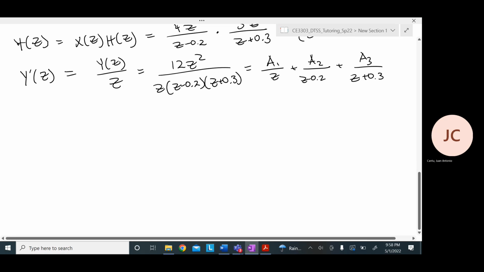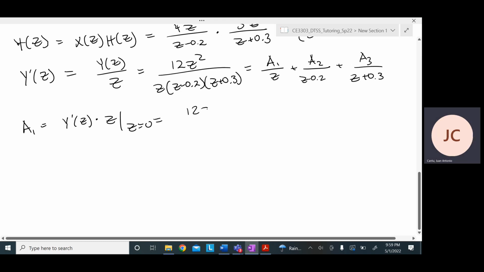Cool. So now let's find our A1. A1 is equal to Y prime of z times z evaluated at our pole. The pole in this case is z equal to 0. So that'll get us 12z squared over z minus 0.2 times z plus 0.3 evaluated at z equal to 0.